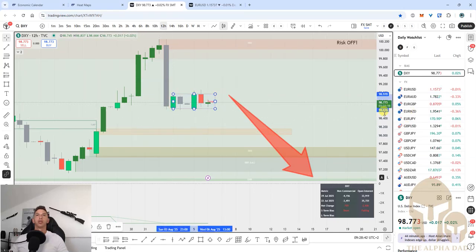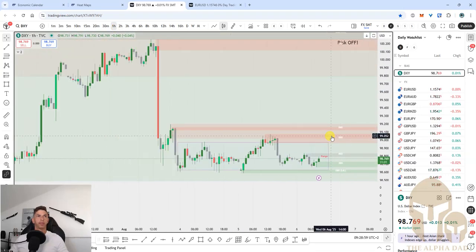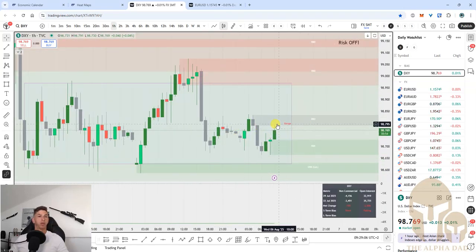And the range goes from 98.626 to 98.970. All right, so let's go 4-hour. What do we see? More consolidation. 1 hour. Well, we're currently being rejected from the 1-hour supply zone, right here.